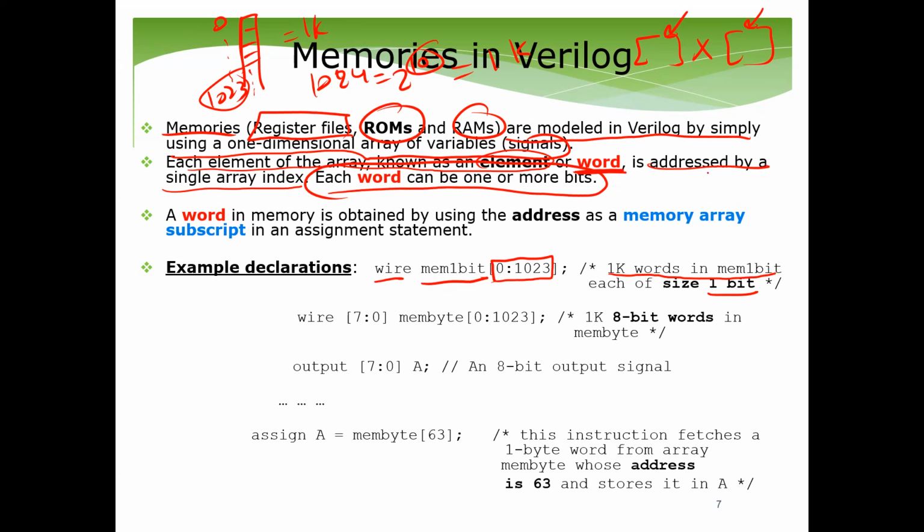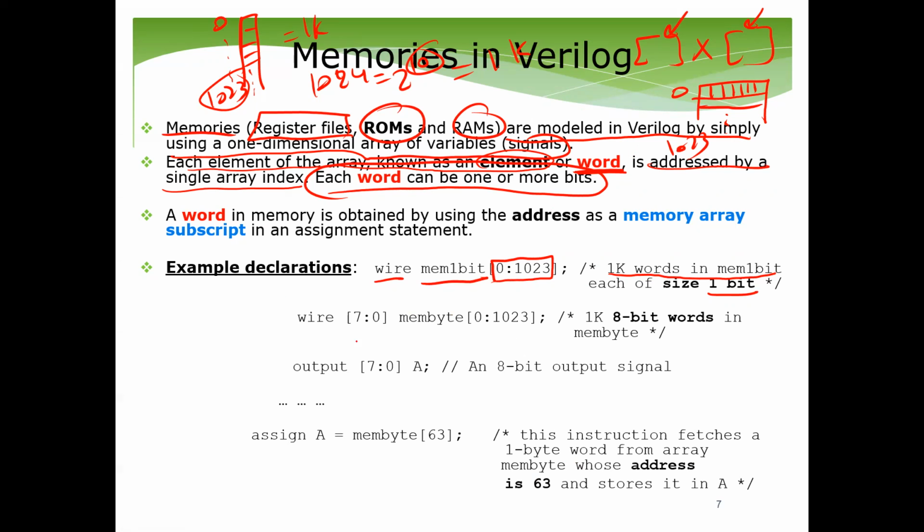Now what if I want to make a 1K memory, but each address will give me 1 byte instead? A byte equals 8 bits, so each word has to be 8 bits, and I need 1K of those, so this should start at 0 and end at 1023.